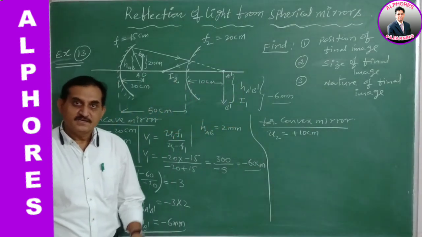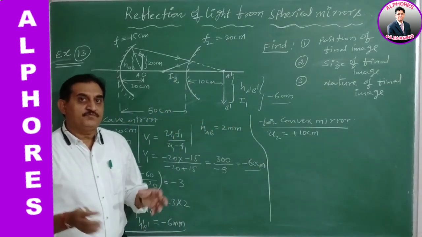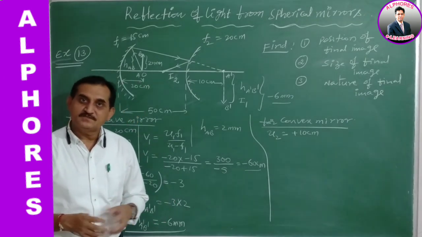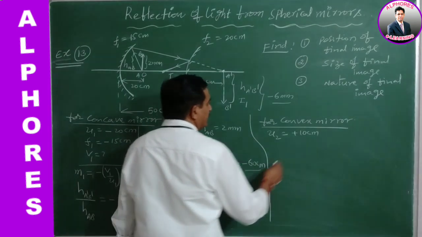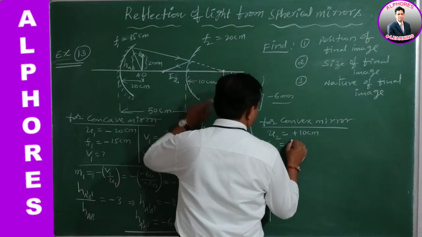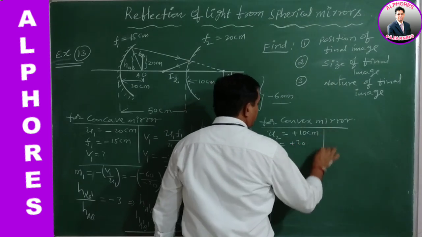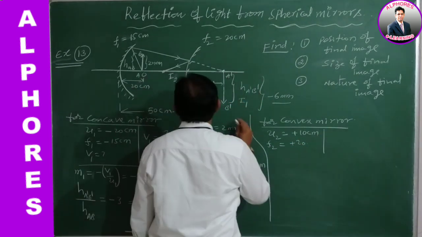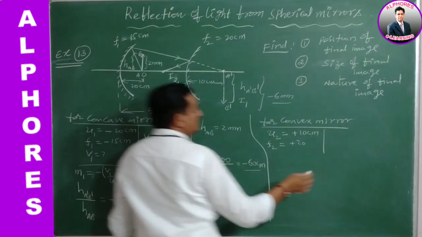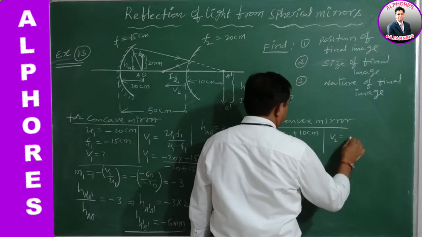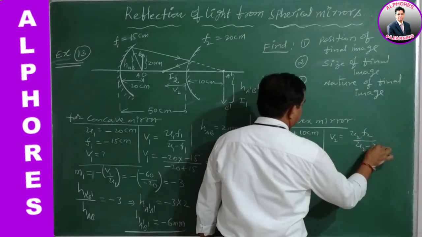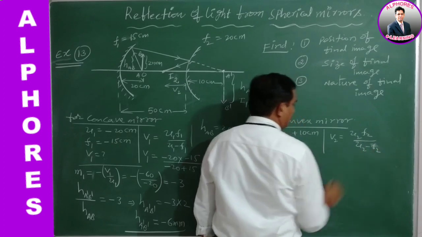Fundamental, once again I repeat: for a virtual object the distance is taken to be positive, for a real object negative, right? And the focal length F2 is equal to plus 20. Now, what is its corresponding image distance? This is the image distance, V2 say. So V2 is equal to U2 F2 by U2 minus F2. Put the values.